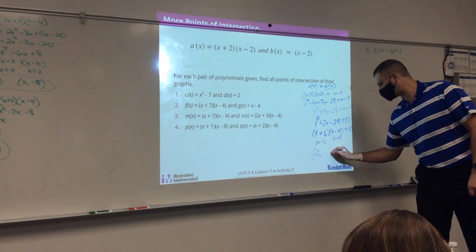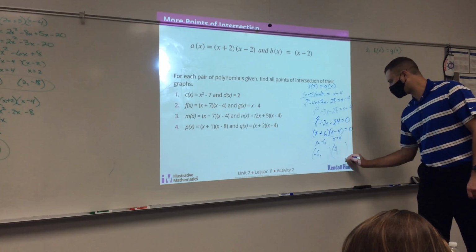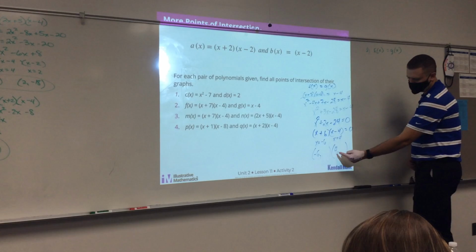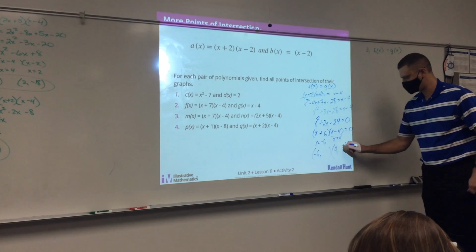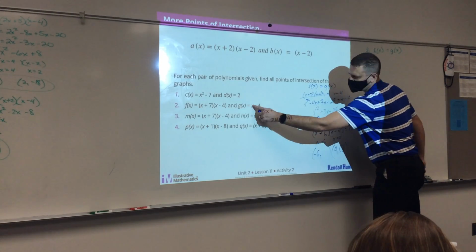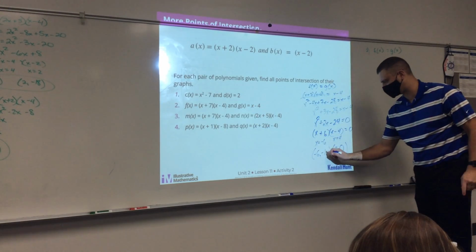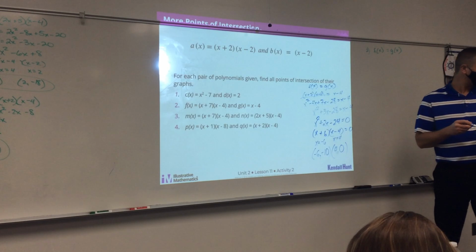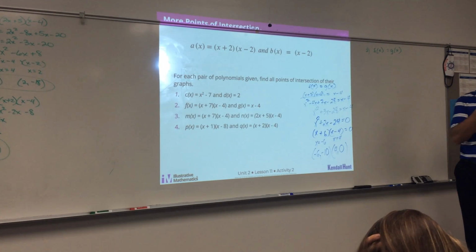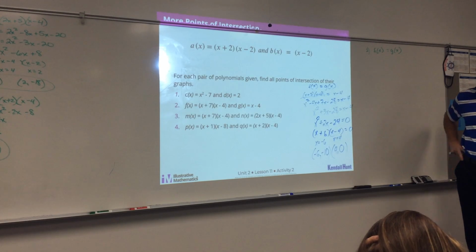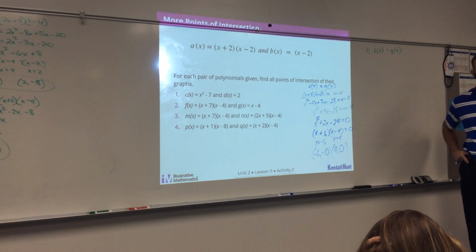So I'd get negative 6 comma whatever and 4 comma whatever, which again we know that when we plug a 4 in, 4 minus 4 is 0. When we plug a negative 6 in, negative 6 minus 4 is negative 10. So you get the same answer that way. Okay? Took a little more writing out, yeah.